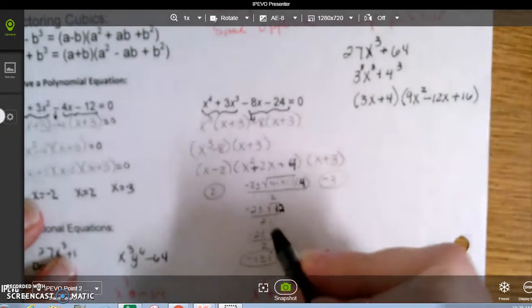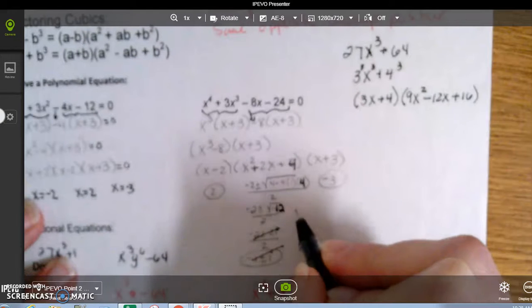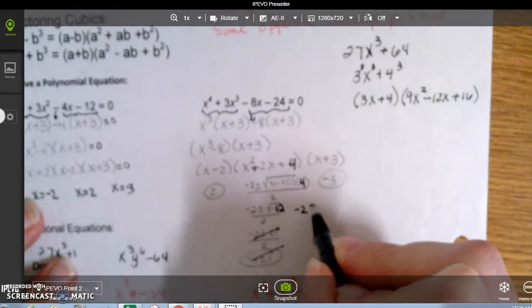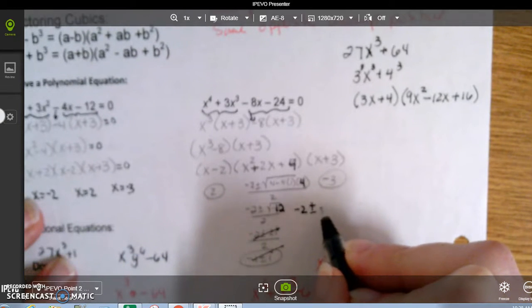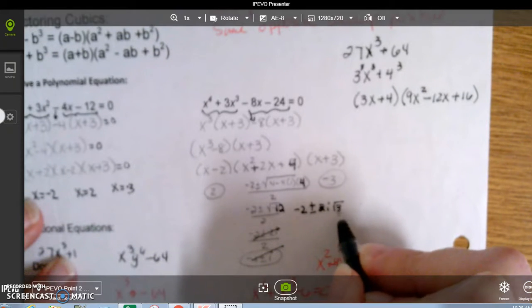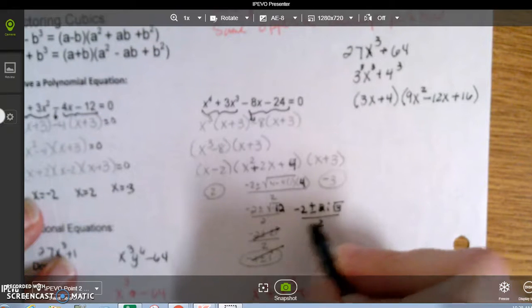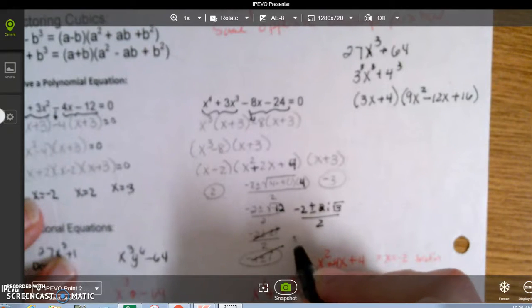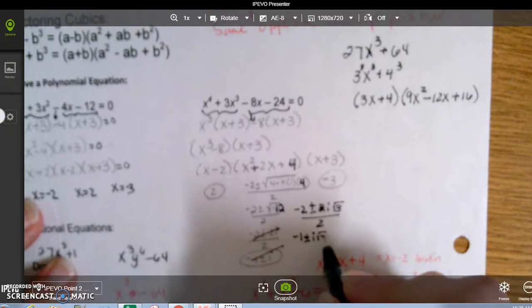Okay, and then that's going to simplify into negative 2 plus or minus 2i square root of 3 over 2. And then all the 2's can reduce, so I get negative 1 plus or minus i square root of 3.